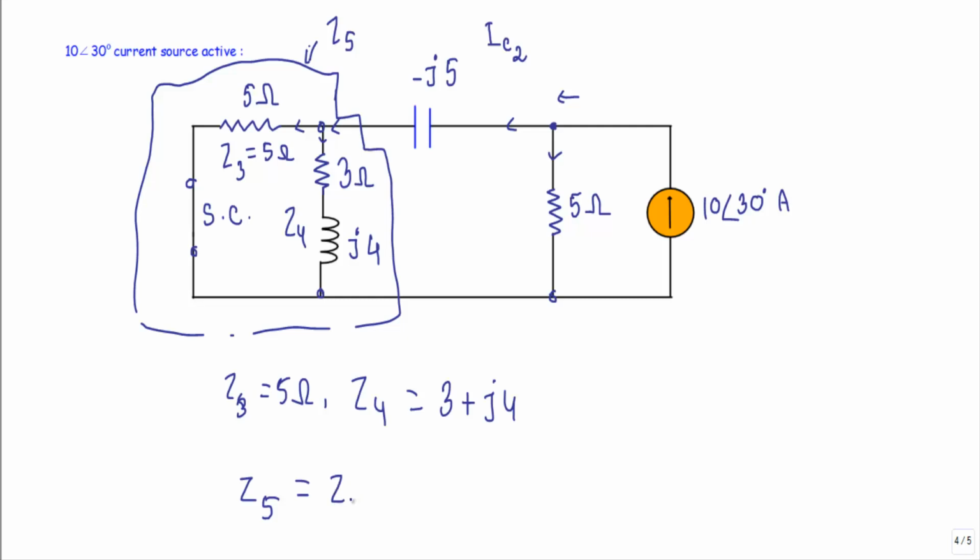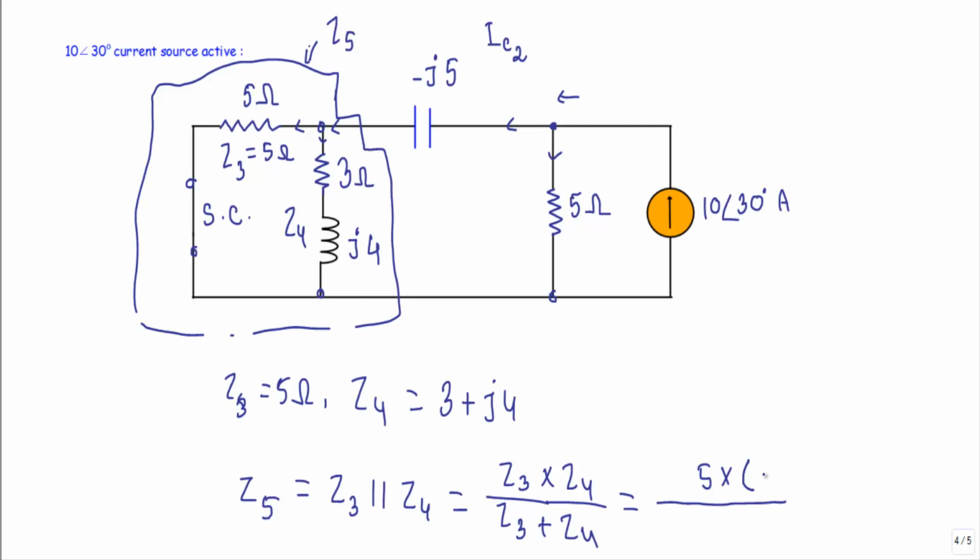Z5 will be the equivalent impedance of Z3 in parallel with Z4. So I will use this formula: Z3 into Z4 divided by Z3 plus Z4, which will be equal to 5 into 3 plus J4, divided by 5 plus 3 plus J4.